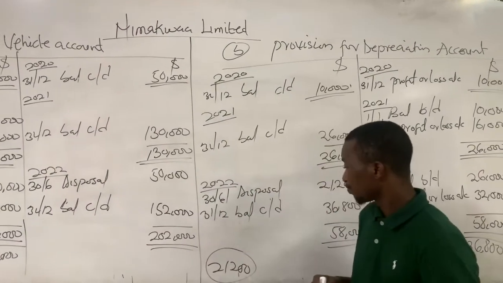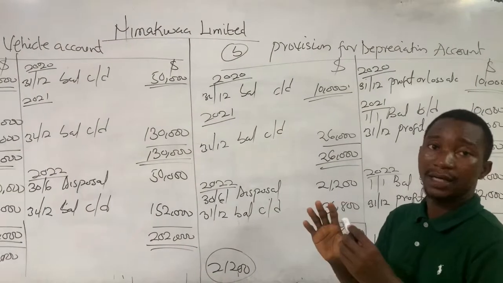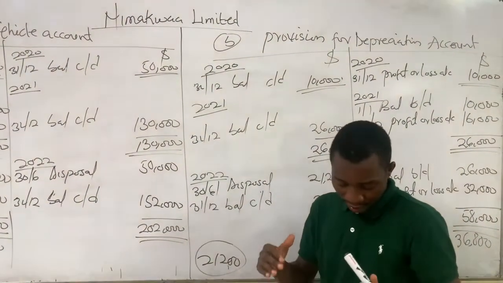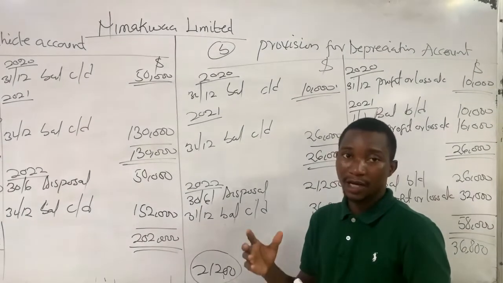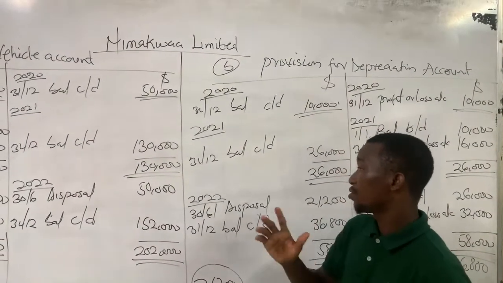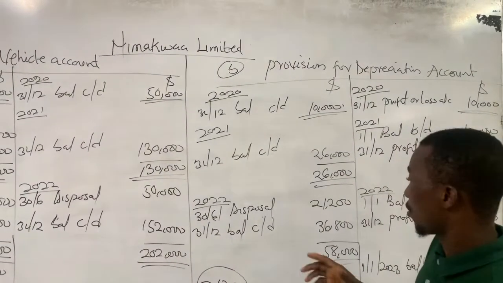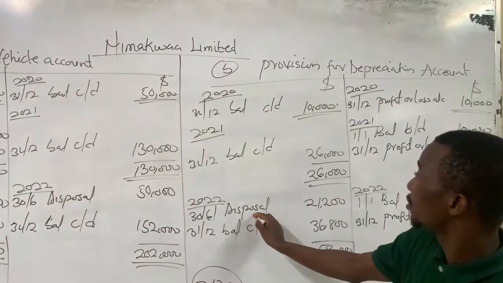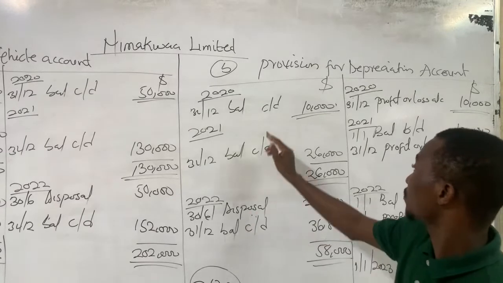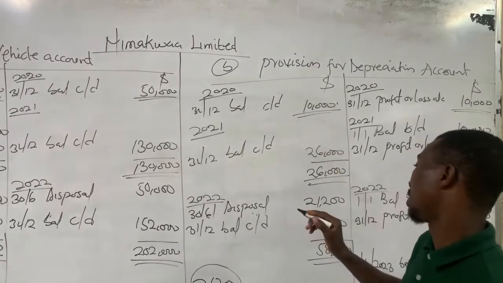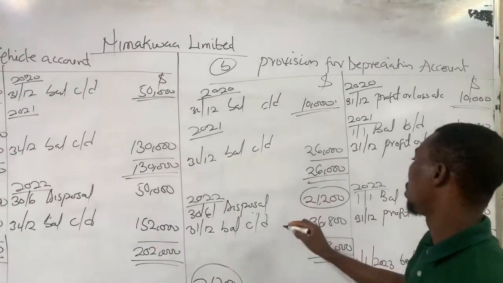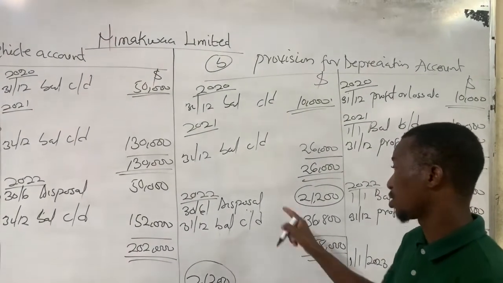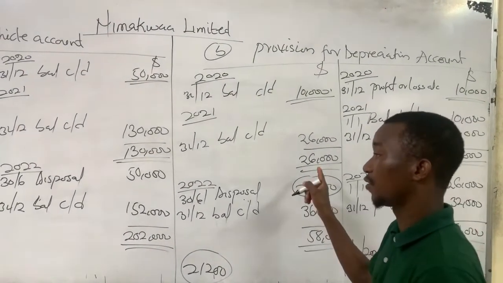But mind you that in the C part, they are saying that we should prepare the motor vehicle disposal account for GT 400. What you are going to do is that you are going to make transfer of entries. You can see that disposal is being found at the debit side of provision for depreciation account. This accumulated depreciation will be credited to the motor vehicle disposal account because it is at the debit side of provision for depreciation.